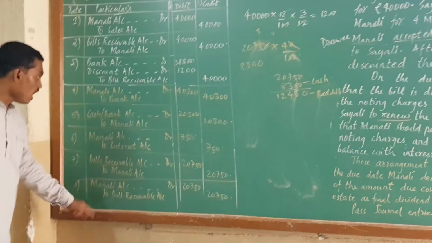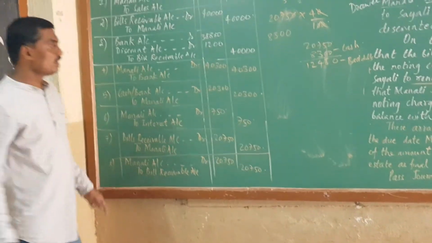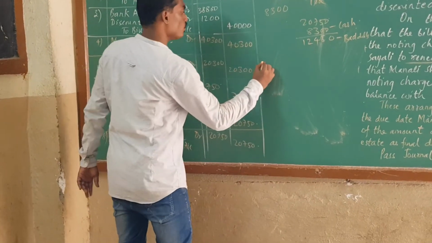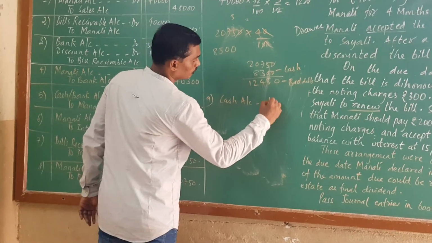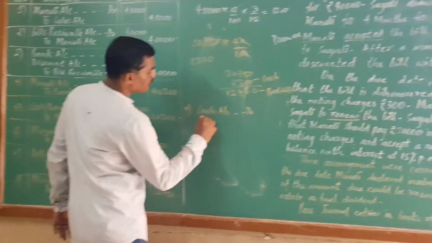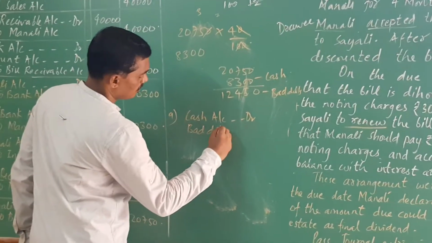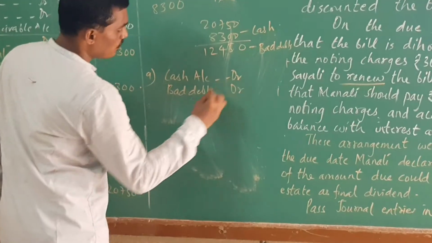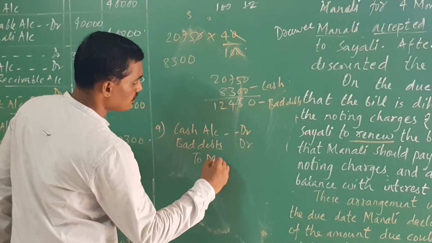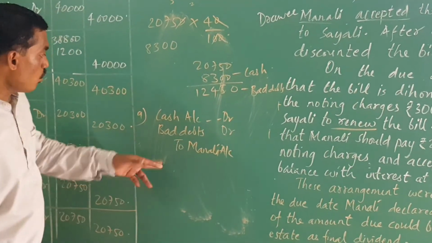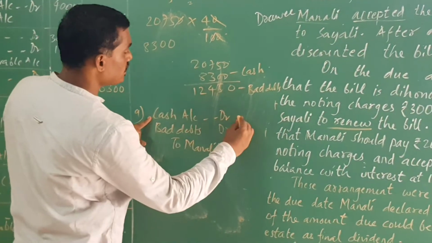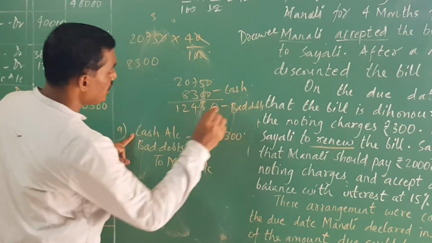After that, the final settlement entry, which I am writing over here. We are receiving cash, so cash account debit and bad debts account debit to Manali account. How much cash are we receiving? 8,300.